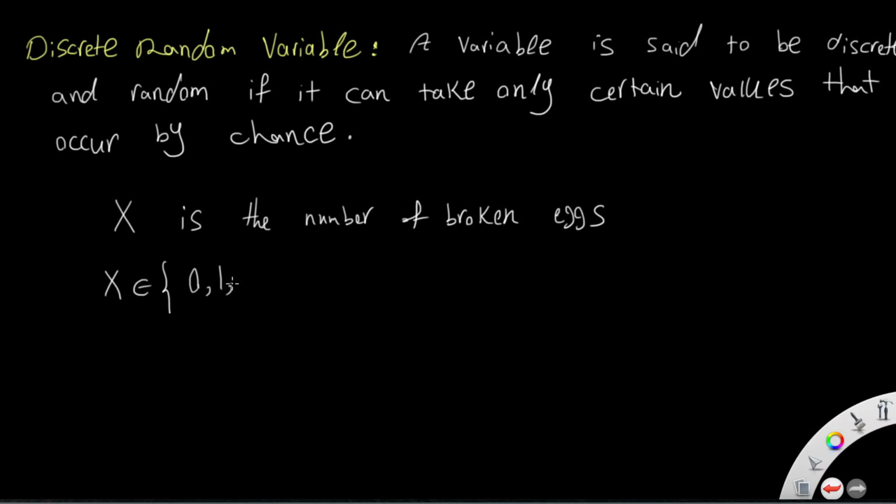So it could be 0, 1, 2, 3, 4, 5 or 6. What does it mean? It means that the number of broken eggs in the carton could be 0 or 1 or 2 or 3, 4, 5, or all 6 eggs can be broken.